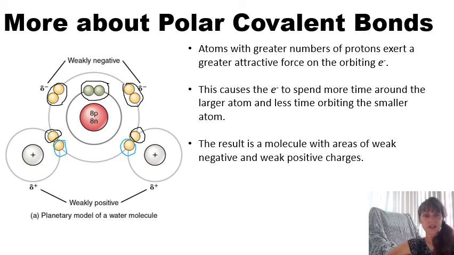Again, the electrons are pulled toward the positive nucleus of oxygen more often than they are hydrogen, because hydrogen only has a net positive charge of 1. There is only 1 positive proton in this nucleus. So there's more pulling power from the oxygen atom than there is from the hydrogen atoms.